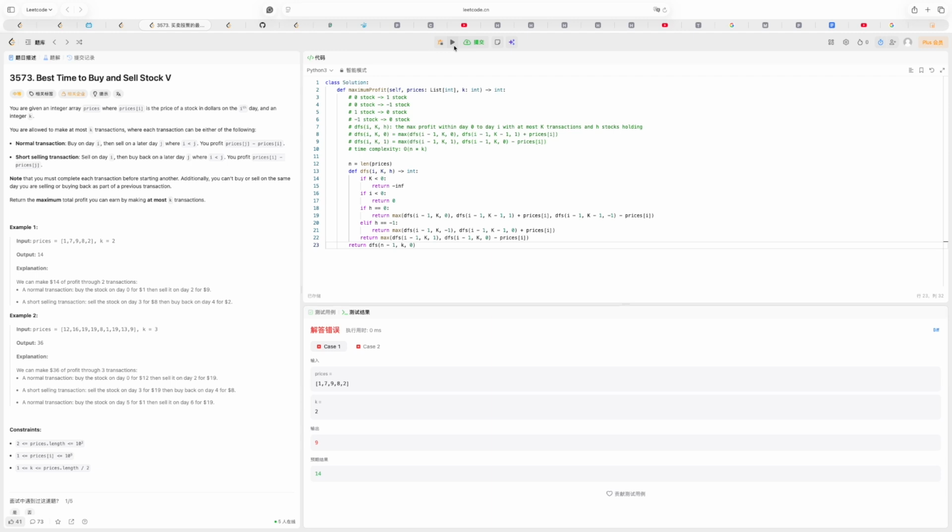Did I forget anything? Yeah, you can't buy or sell on the same day you are selling or buying back. Complete each transaction before starting.